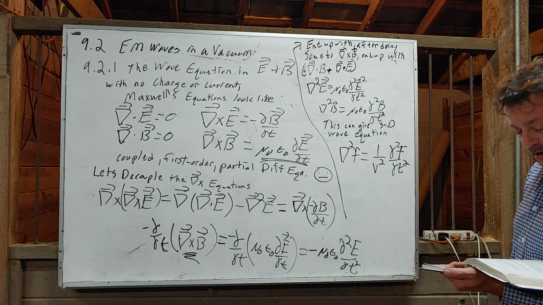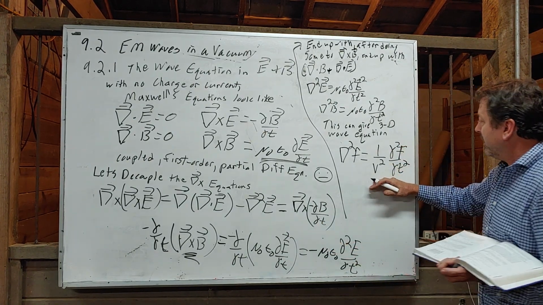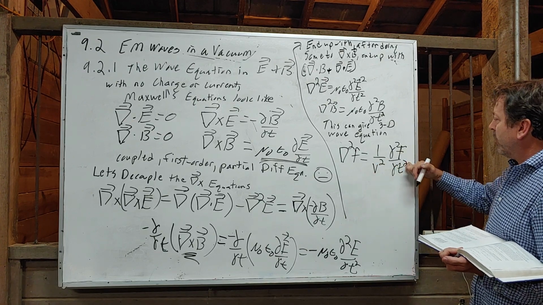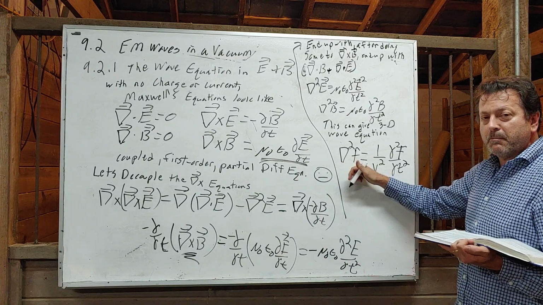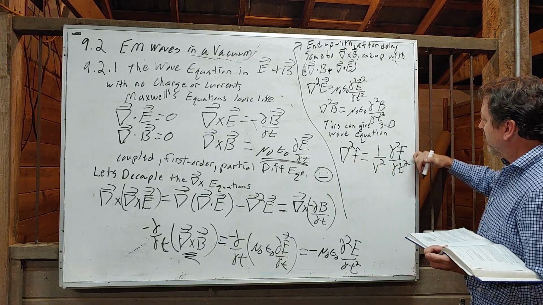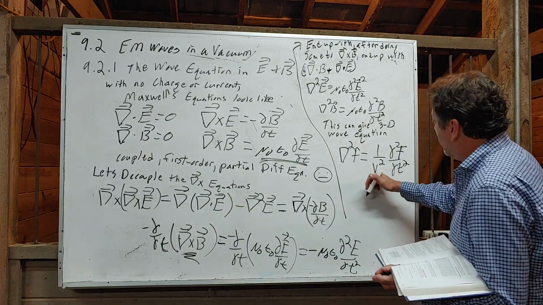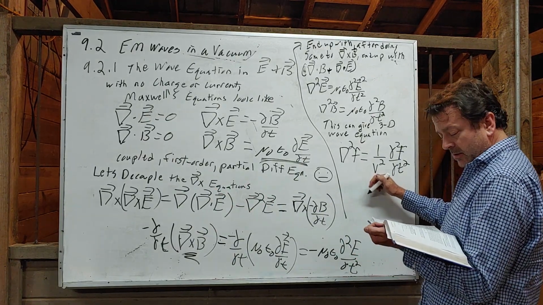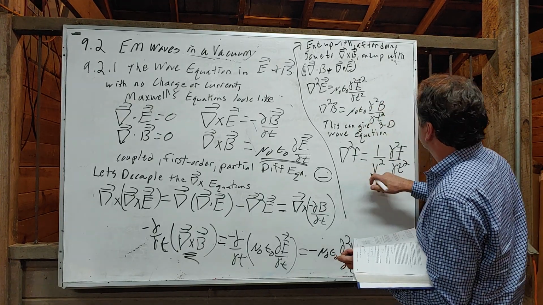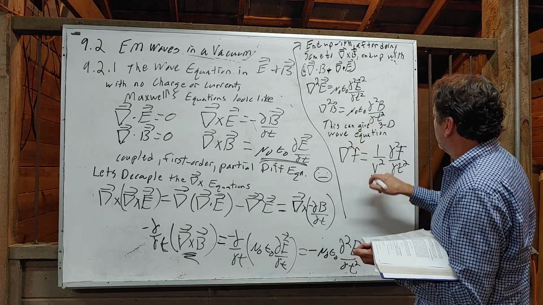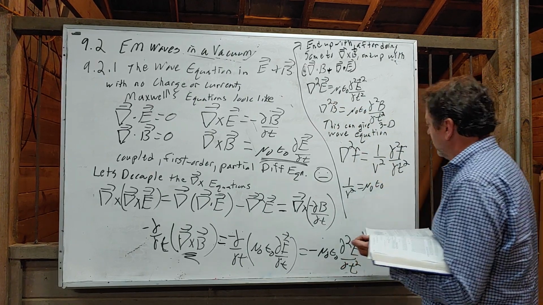And why did I put V there? So what we found is that this is how much the wave changes as a function of time. This is how much the wave changes in position. So this would be the magnitude of that wave over time. This is how much the wave changes with position. This term here, this V squared, V is actually equal to, because we can say here to here, 1 over V squared equals mu naught epsilon naught.